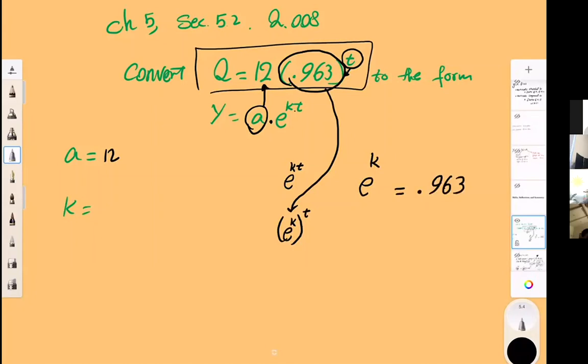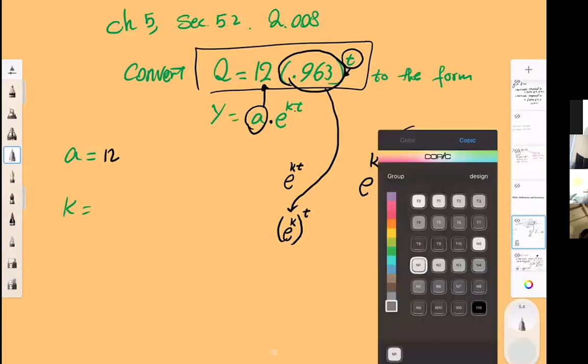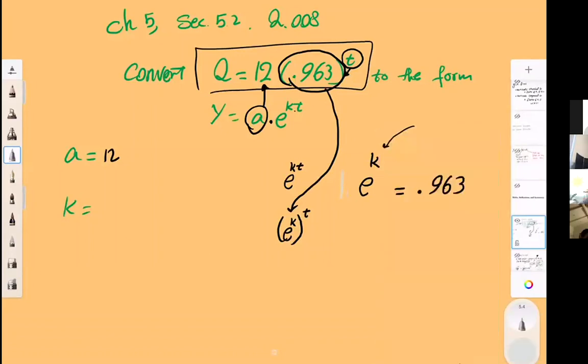All right, so we're looking for k. How do I solve for k? The unknown is in the exponent and we cannot make them the same base. We're left with taking a log or natural log, and because of e, I take ln here and ln there.